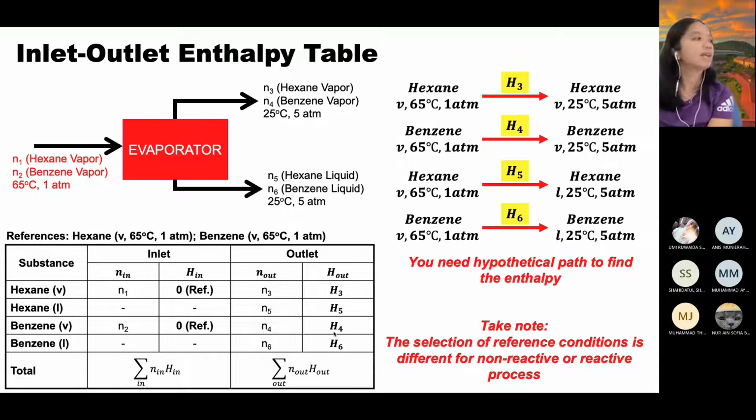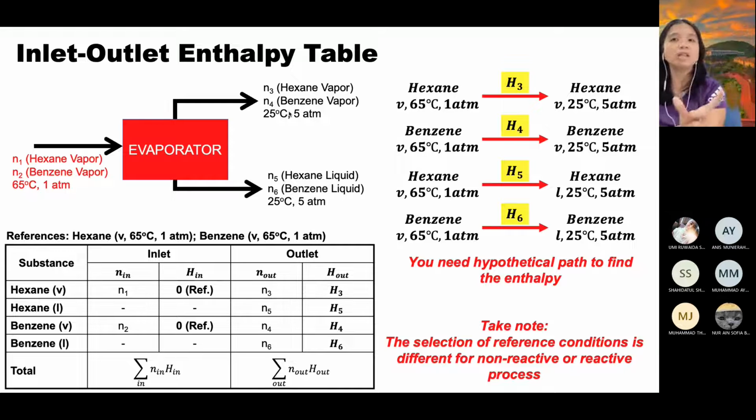Same for H4, we calculate for benzene vapor at the top. From my reference condition, benzene vapor at 65 Celsius and 1 atm, to the condition at the top, benzene vapor at 25 Celsius and 5 atm. Again, change of temperature, change of pressure. So what I did for the second is from the reference condition to the top product condition, where you have to separate one for benzene top product and one for hexane top product.